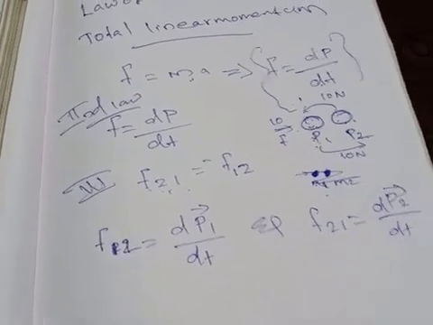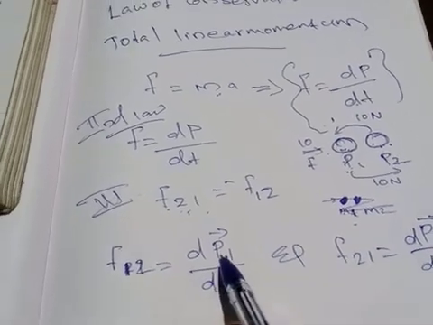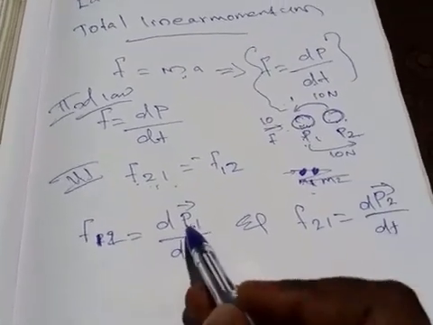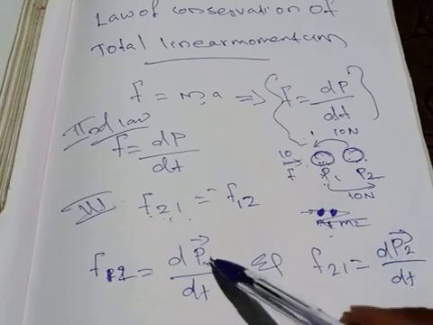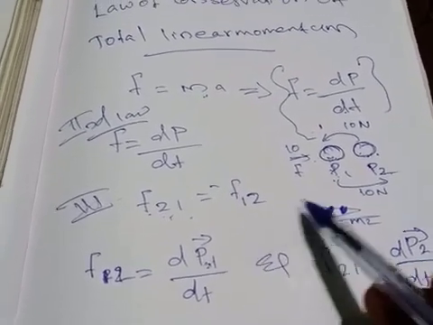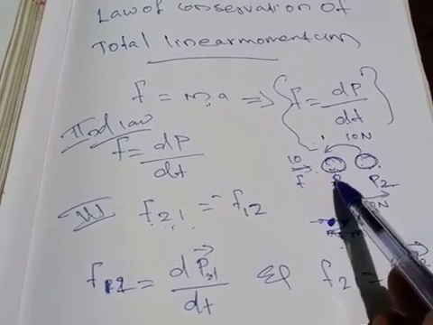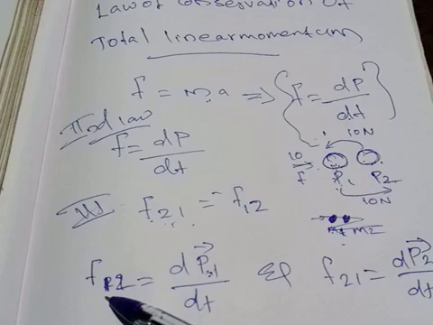Vector also you can put. Now you see what this P is: we know it is the momentum. So P1 means the momentum of particle 1, which changes due to the force F12.